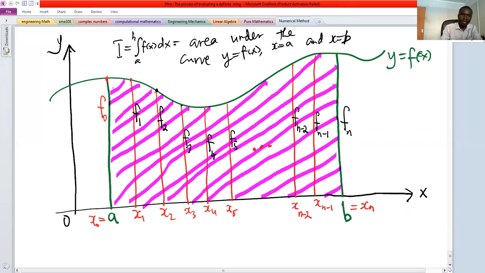Now, unlike the trapezoidal rule, where we get the area of one strip at a time, this time we get the area of two strips at a time.